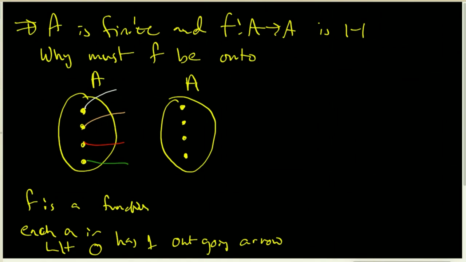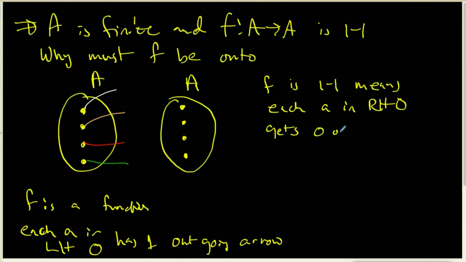Now, what f is 1-to-1 means is that each of the a's inside the target set, so in the right-hand circle, gets 0 or 1 incoming arrow.